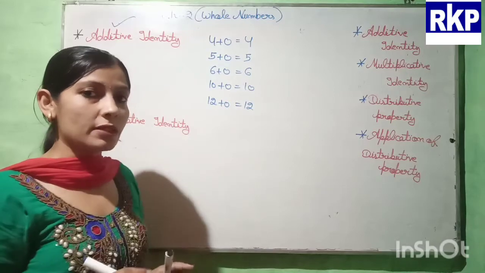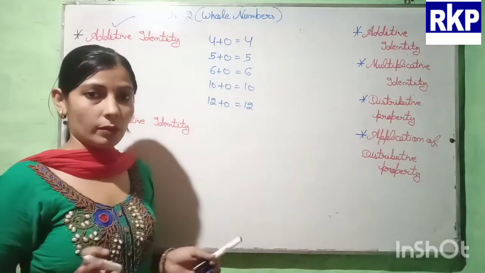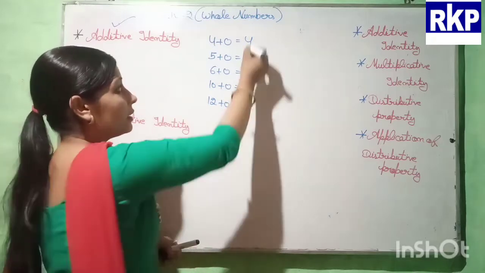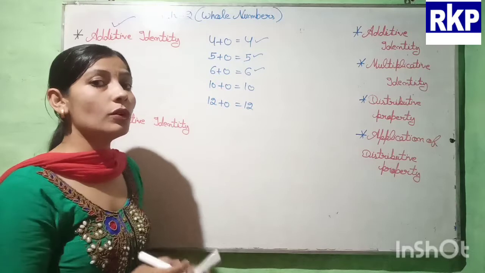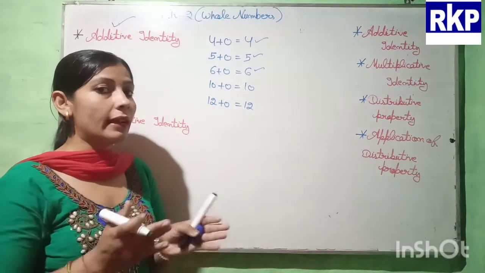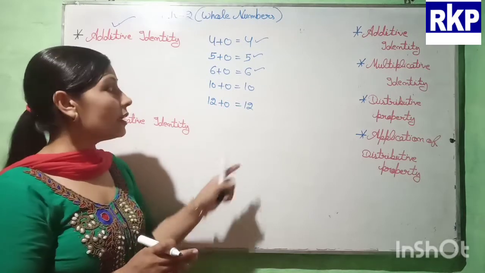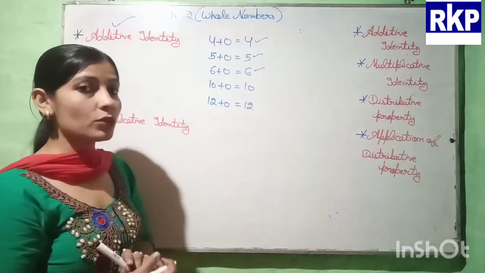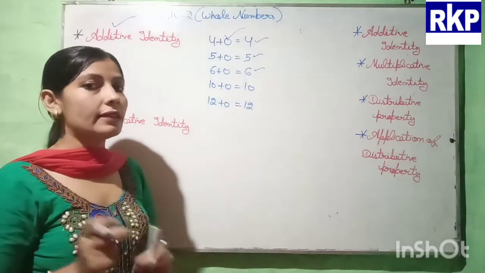So whenever we add 0 to any whole number, we get the same number. In the case of addition, 0 is the additive identity.